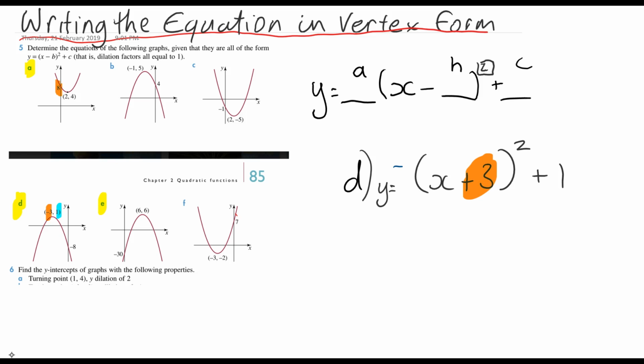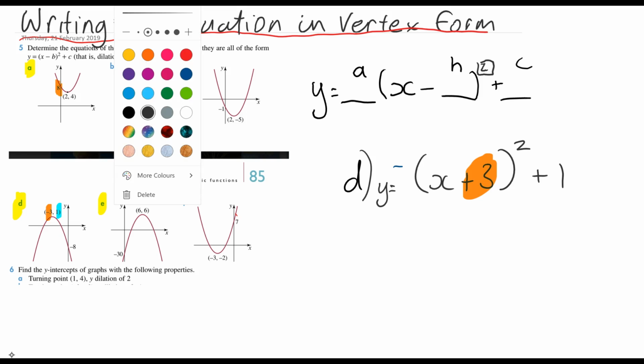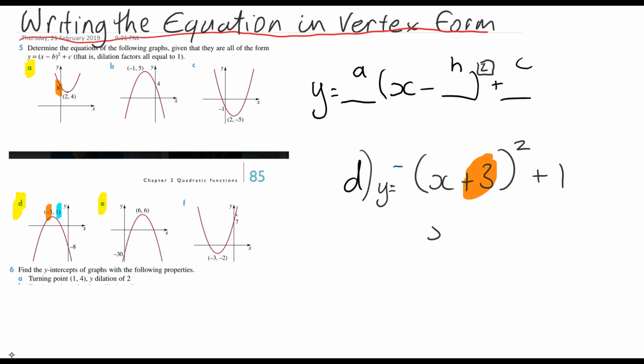Now this says that the intercept value is -8. So I'm going to expand this and see if it's -8. x squared plus 6x, plus 9, plus 1.